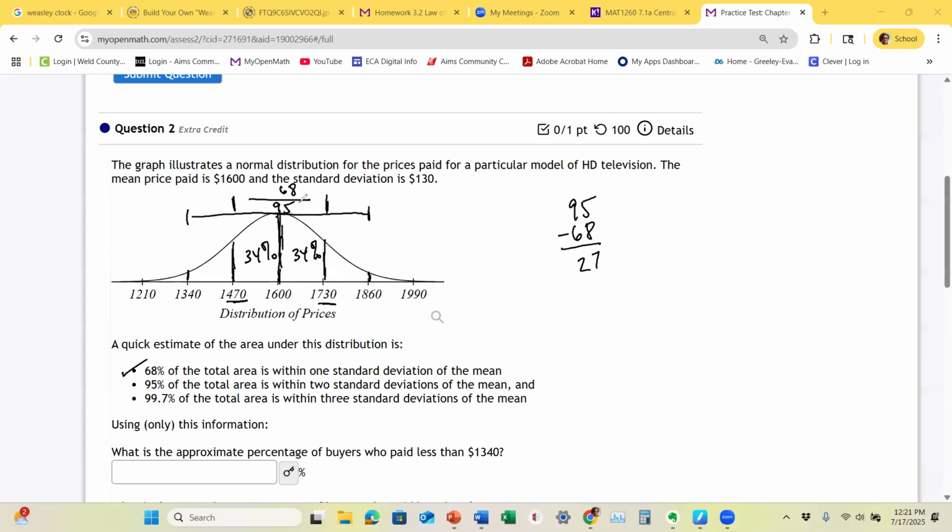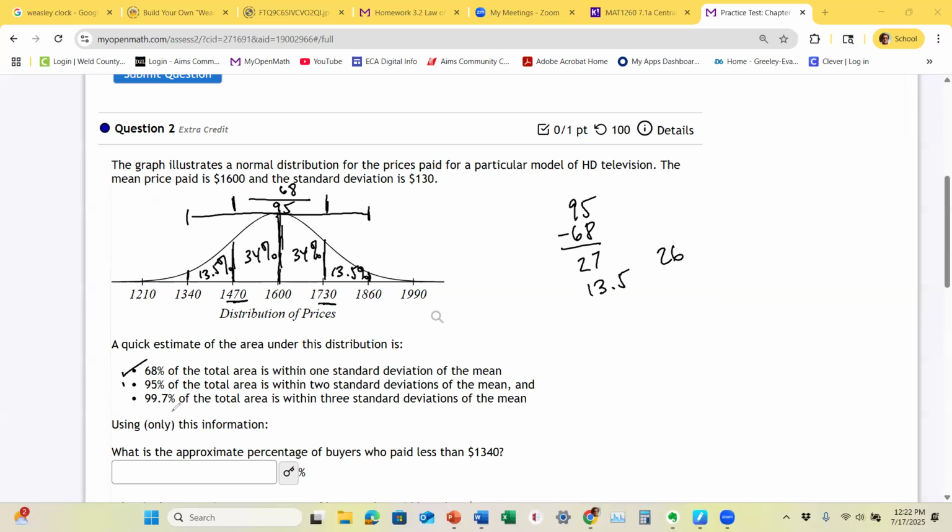How much more area is that? So 27%, let's cut that in half. We don't need our calculator. How much is 26 cut in half? 13. So this will actually be 13 and a half. So that means 13 and a half is here, and 13 and a half is here.